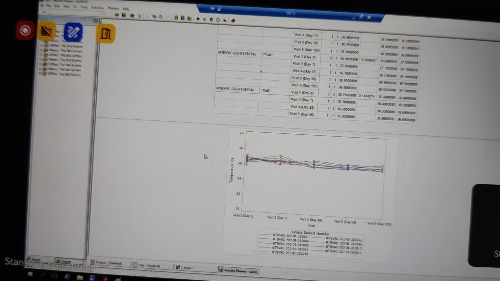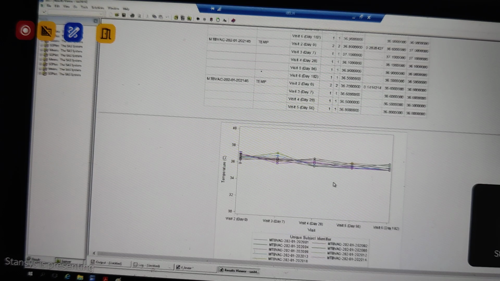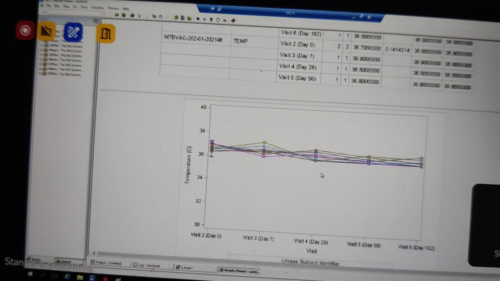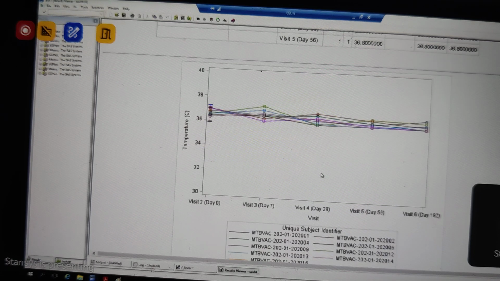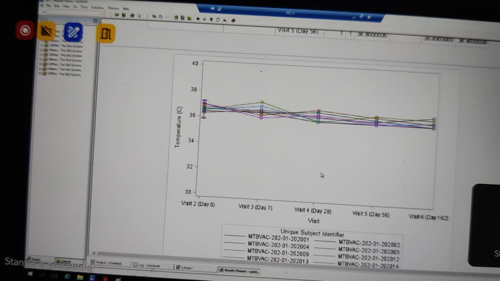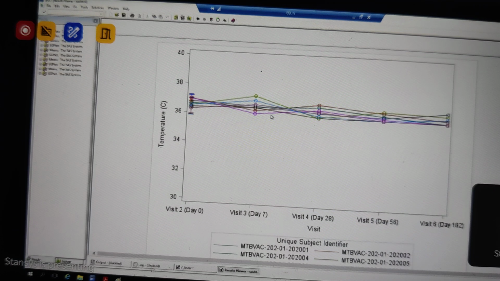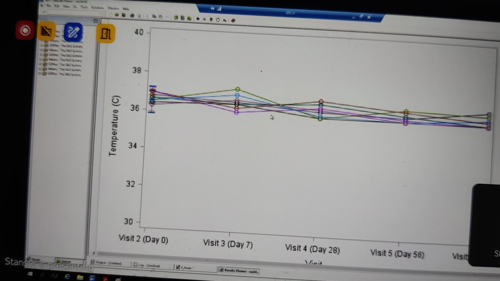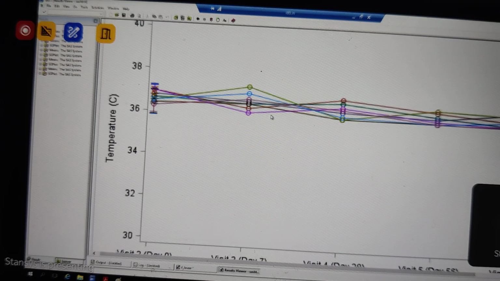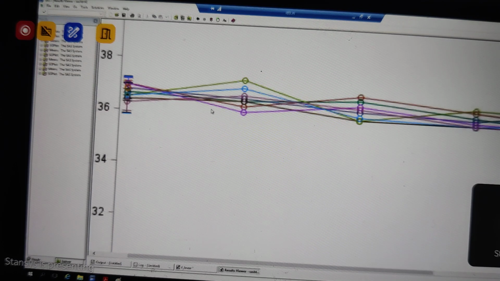If you can see this, subject-wise, the same lower and upper value here, plus and minus. It is clumsy.